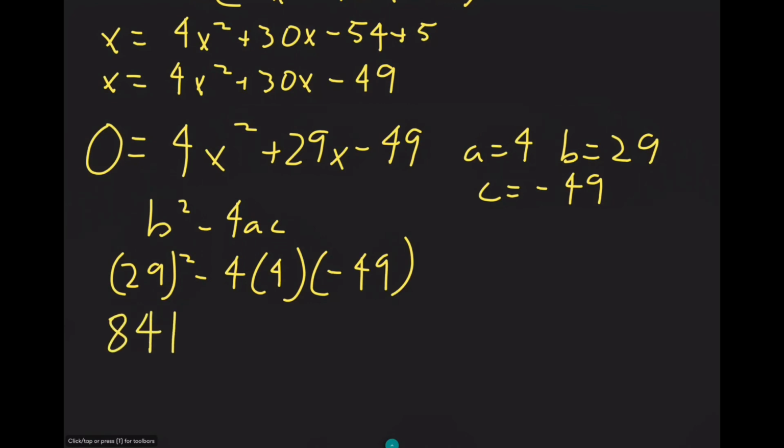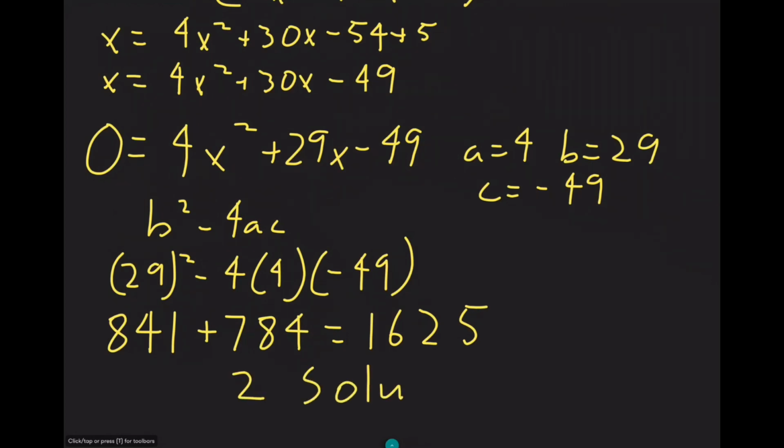And then 4 times 4 times negative 49 is negative 784. And then, well, if it's minus negative 784, then it's going to be positive 784. So 841 plus 784 is 1625, and that's greater than 0. So there are two solutions to this system of equations.